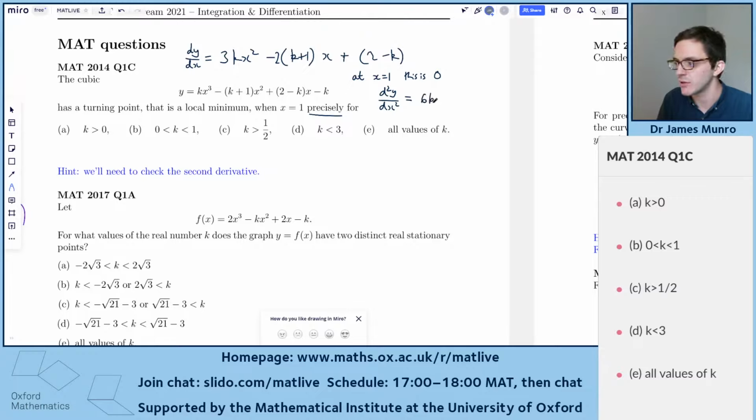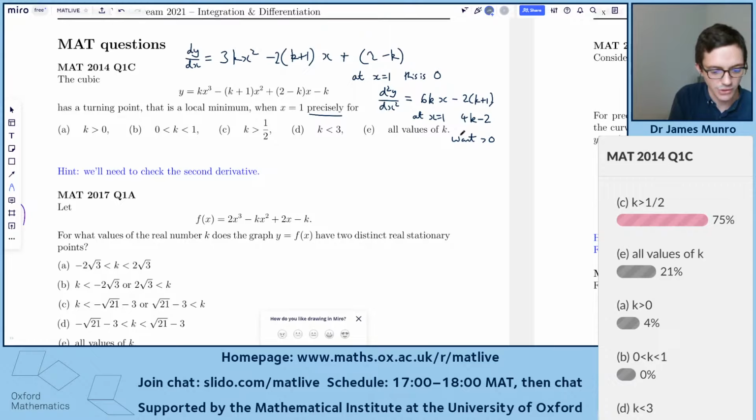I think I'm getting this right. 6kx minus 2k plus 1, which at x equals 1 is 4k, still got a minus sign there, minus 2. For a minimum, I want this to be bigger than 0, for this to be a local minimum. That happens when k is bigger than 1/2, so I get C.